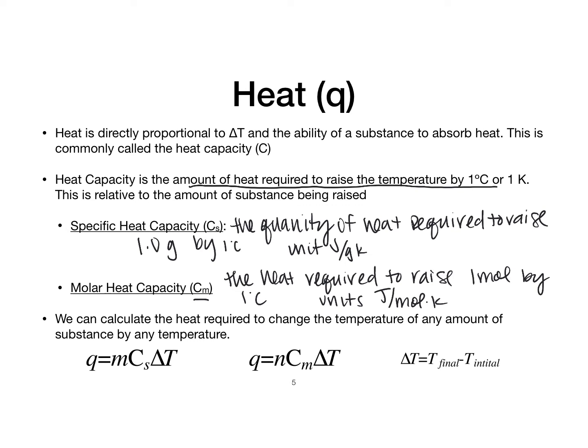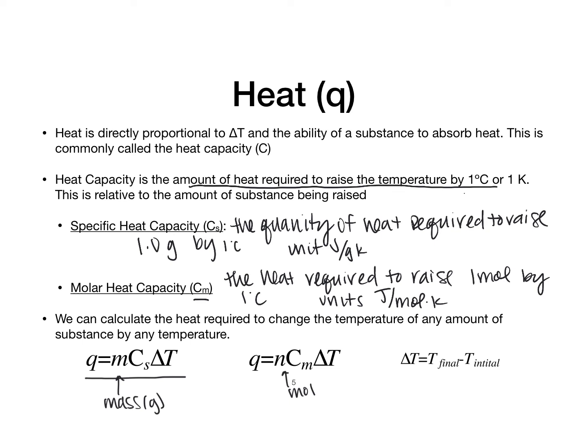So we can calculate the heat required to change the temperature of any amount of substance by using one of these two equations, where Q equals m C sub S delta T, where m is mass, in this case in grams, C sub S is the specific heat capacity, and delta T. Or we can look at Q in terms of n, where n is moles, C sub M is the molar heat capacity, and delta T. Just like delta E, delta T is calculated as T final minus T initial.